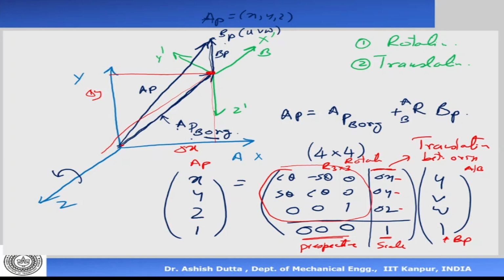This is the homogeneous transformation matrix, which can relate the coordinate of a point in a rotated and translated frame to that of the reference frame. It consists of the rotation matrix and the translation part, the distance between the origins. This part is always 0, 0, 0, and this is always 1. Please note that this is a 4x4 matrix, and it is a homogeneous transformation matrix. I have also derived it, so you can follow how it was derived.